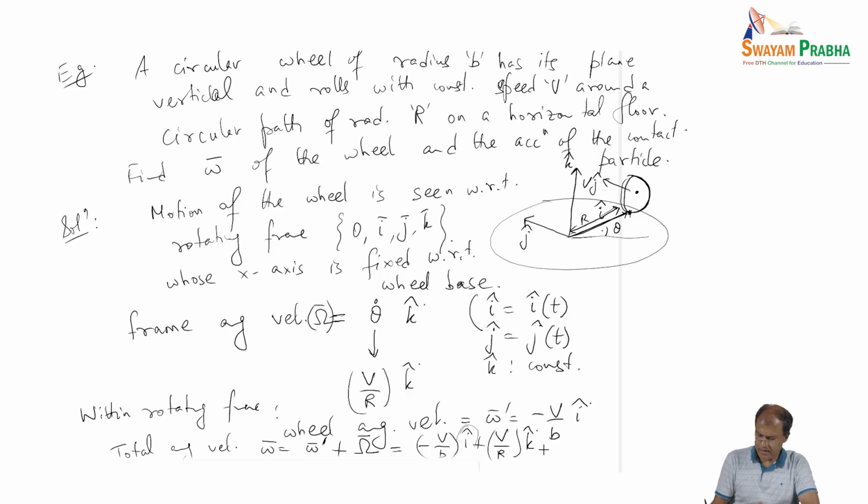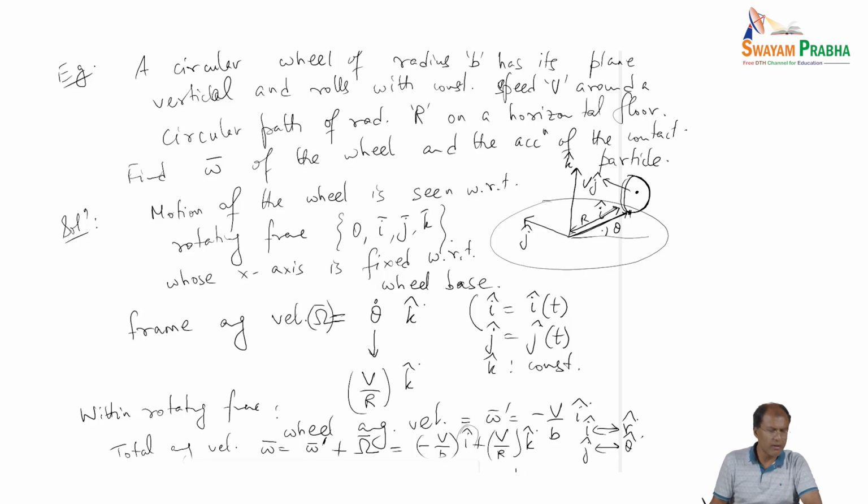It turns out that I hat can be viewed as r hat. What it means is that I hat is pointing along the radial direction, and j hat is pointing along the theta direction.